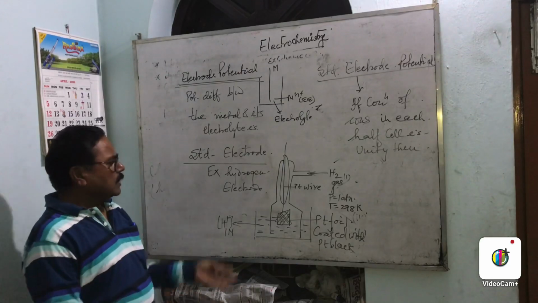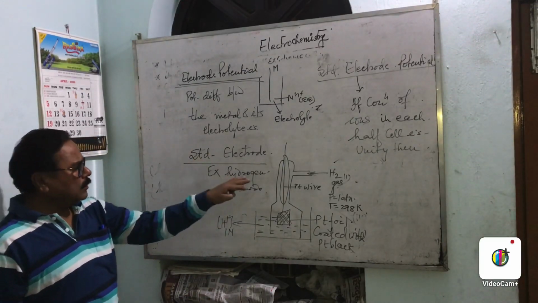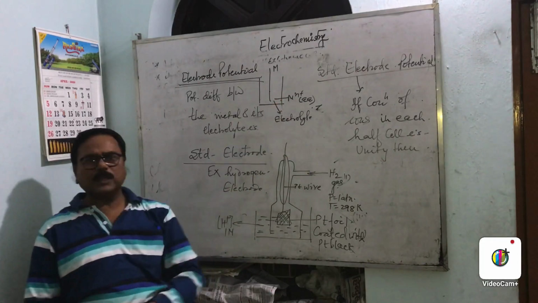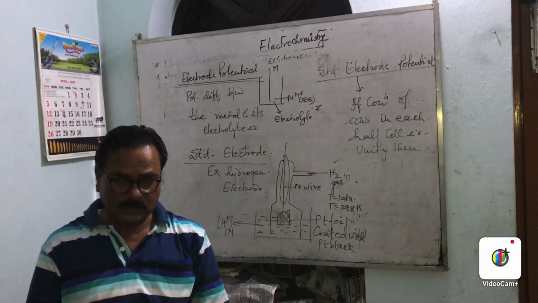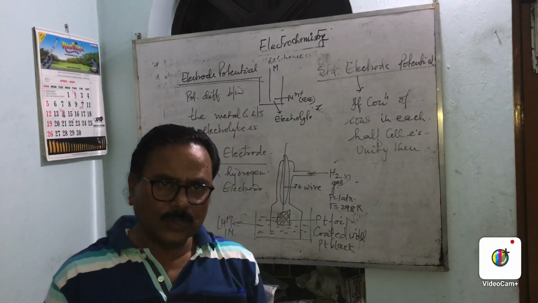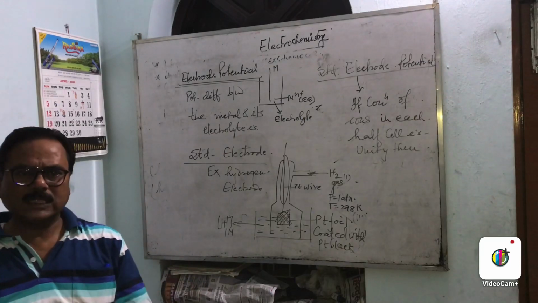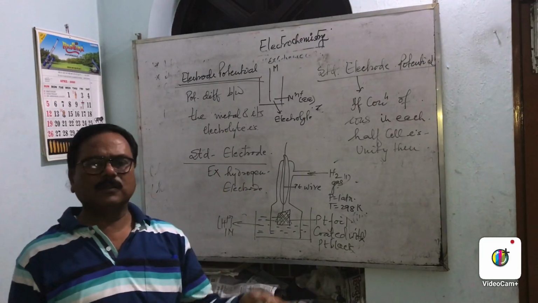Right? This hydrogen electrode is another way the standard electrode potential can also be defined, because it is the electrode which is used to determine the electrode potential of an unknown metal electrode.